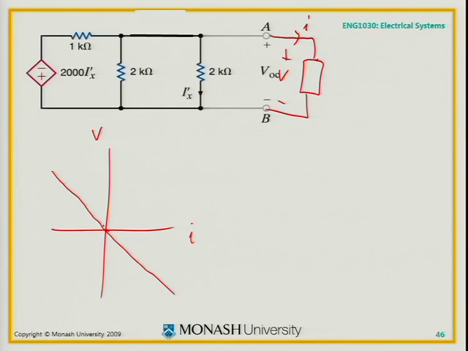Just like the case when you only had resistors, it'll go through the origin. What you'll find is VOC will equal 0, ISC equals 0. You try to take the ratio, you're stuffed, because they collapse to the same point. So that doesn't work.